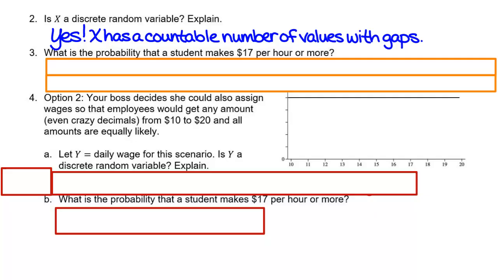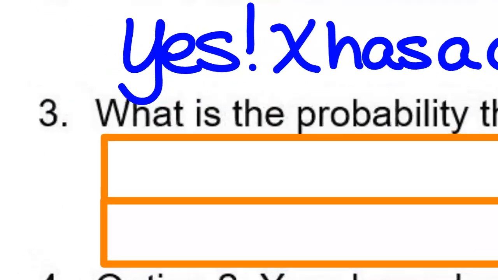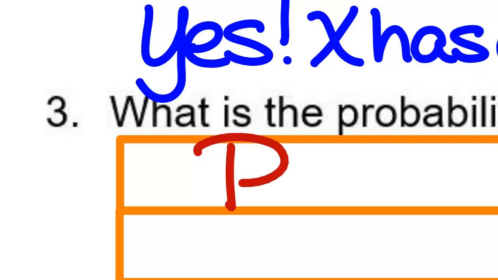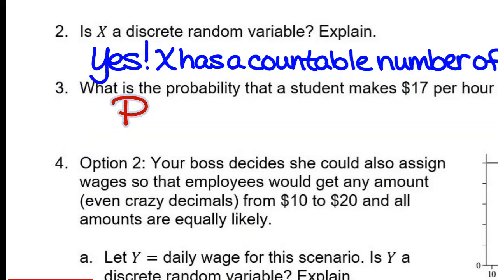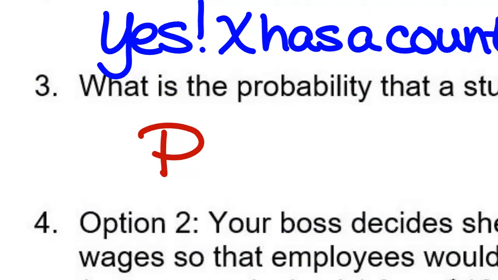What is the probability from this class that a student makes $17 per hour or more? 2 out of 16. So let's talk about our probability notation here. Big capital P for probability. And then inside parentheses, we put the event. We never put our fractions or our probabilities inside the parentheses.